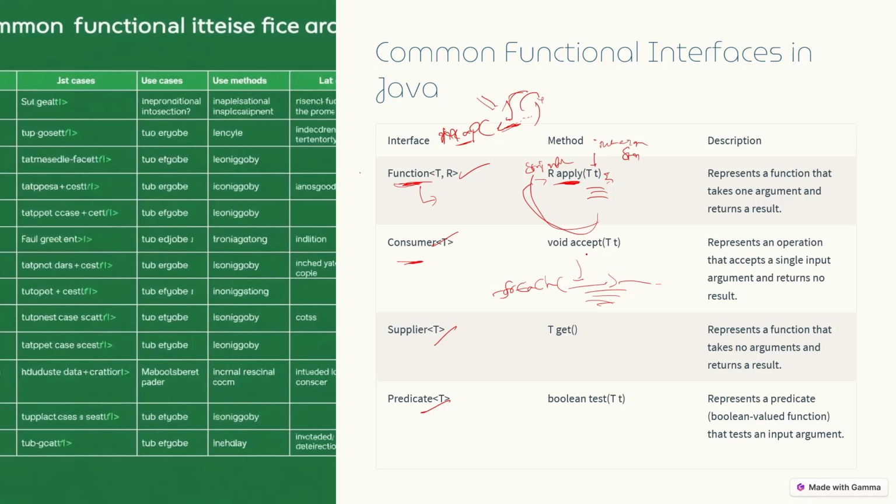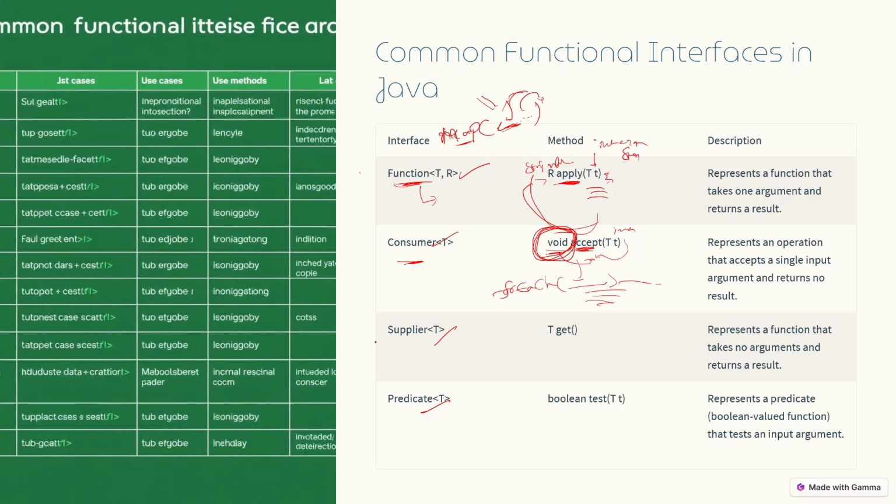Okay, got it? So the method it has is accept. Accept means it is taking. We are passing any integer, it is taking that and doing its work, and it won't give any response. Getting? Void, nothing. It will not send any response or output. It just takes and does it, whatever it may be, printing or giving the element to that method.